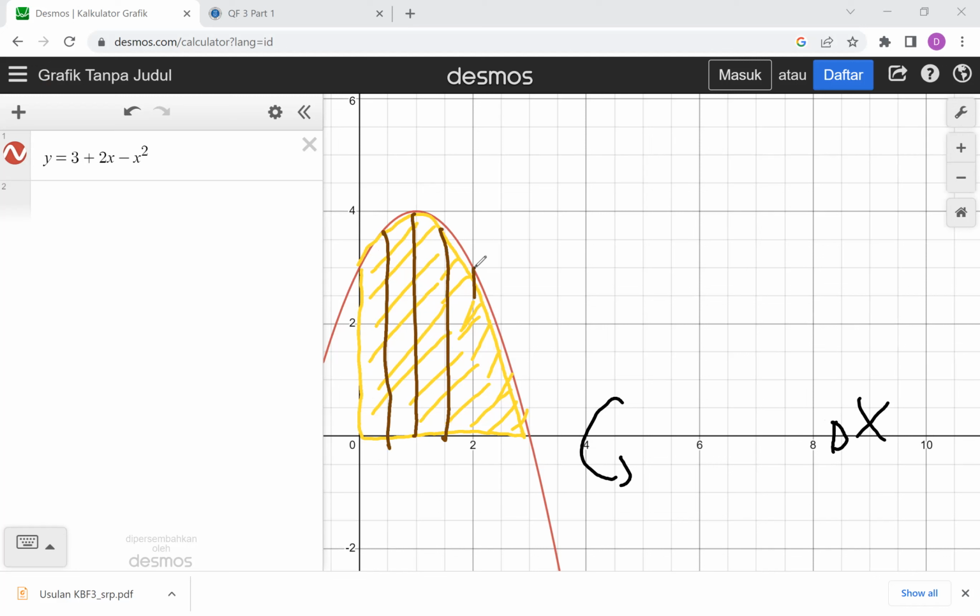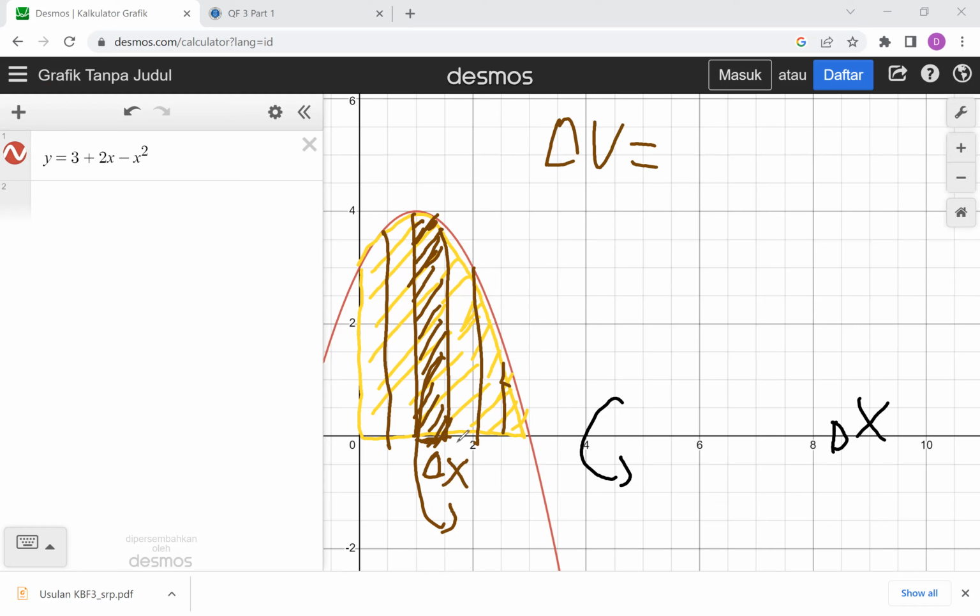Also the vertical slicing, but now the vertical slicing will be to approximate the volume of a cylinder. The thickness of the cylinder is delta x. Of course, we have to approximate its area.